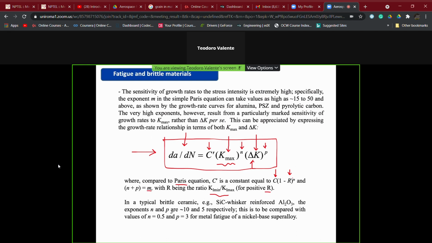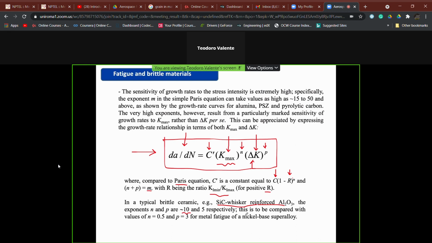What is going to be different? Just an example here. This is a case of composite materials, short fiber reinforced, but it doesn't matter. Have a look here: for this kind of alumina-based ceramic material, a brittle ceramic, the values of the two exponents N and P are respectively very near to 10 and very near to 5.